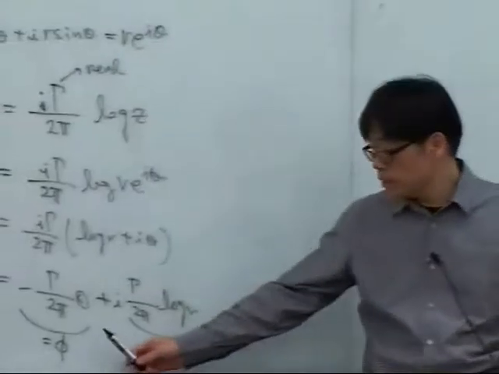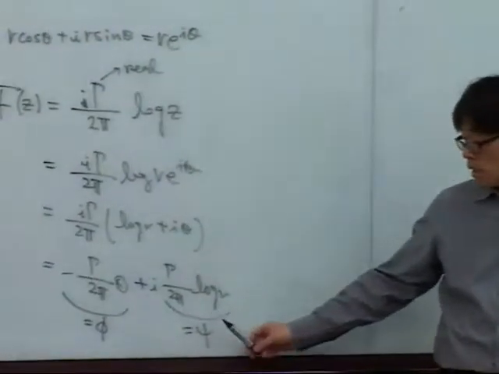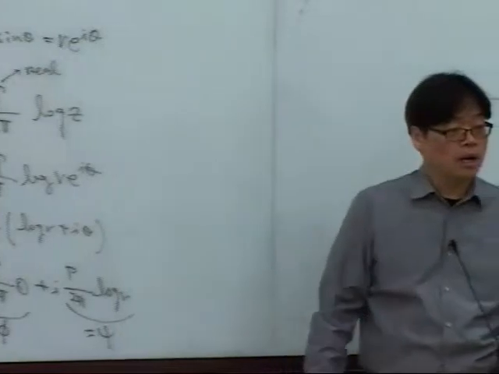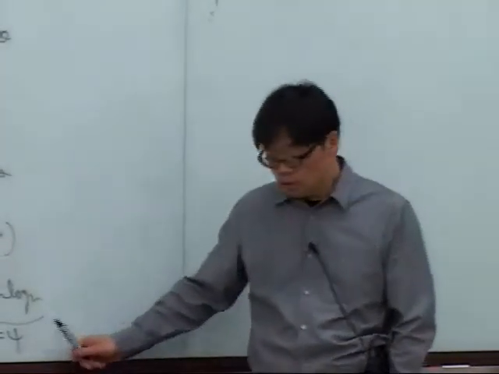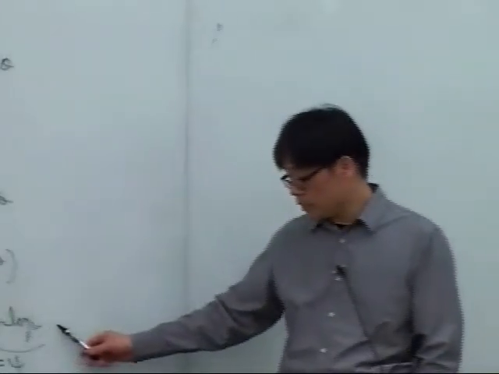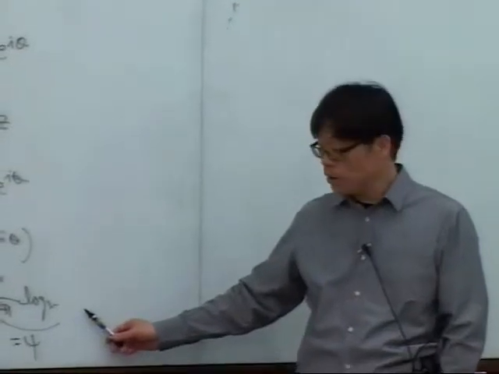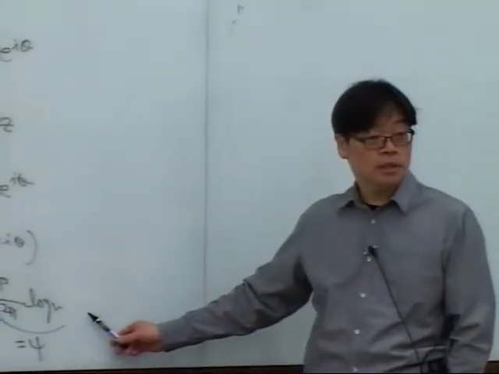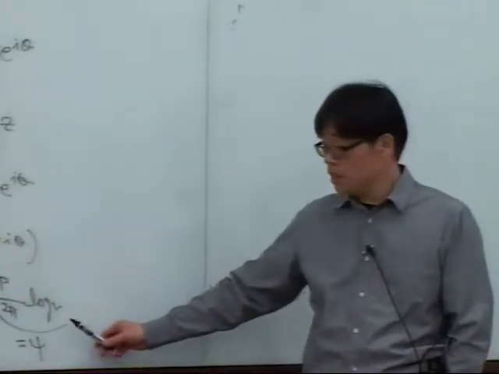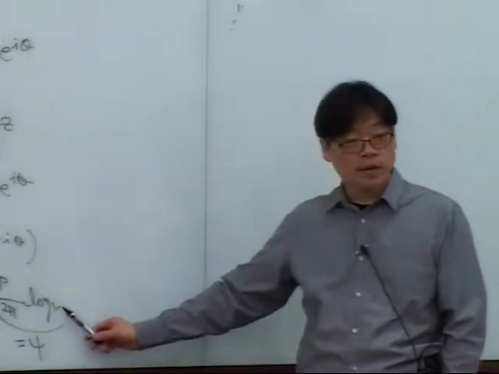So what is this? How do streamlines look? Streamlines are the lines of constant stream function, right? So if this is a constant, then you can set it equal to a constant and draw streamlines, which means the only variable is R, right?